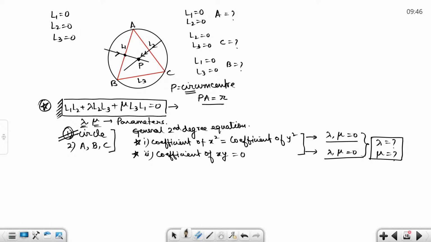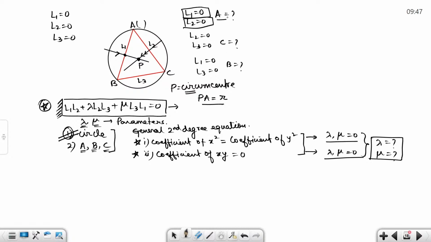So to prove that it's a circumcircle, I have to show that this circle is passing through three given points A, B and C. Now, what is the coordinate of A? How you got the coordinate of A? By solving L1 equals to 0 and L2 equals to 0.